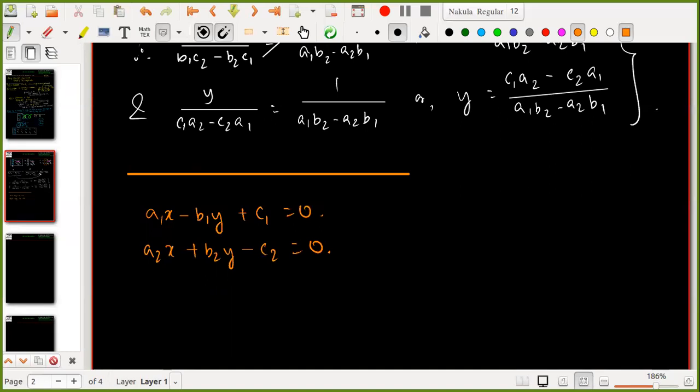So what do we mean by considering the signs accordingly? This equation we can write as a1x plus or minus b1y plus or minus c1 equals 0, and this equation we can write as a2x plus b2y plus or minus c2 equals 0.